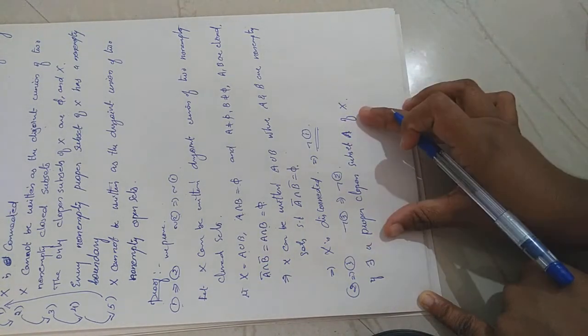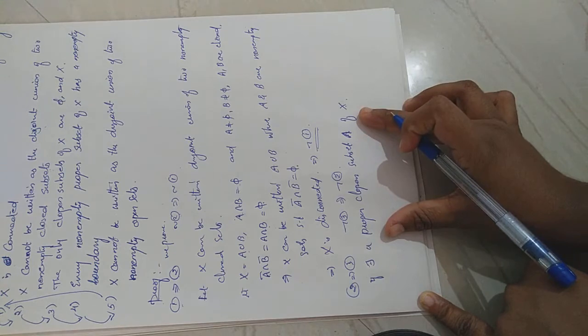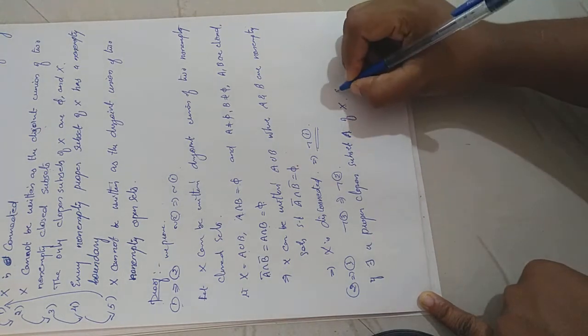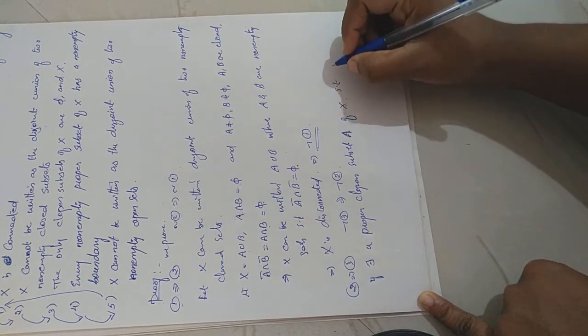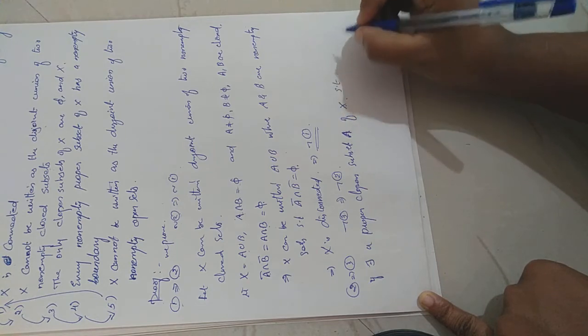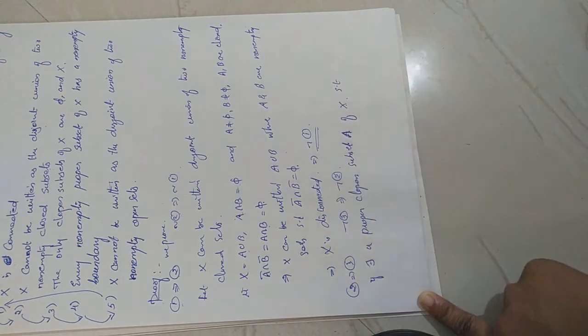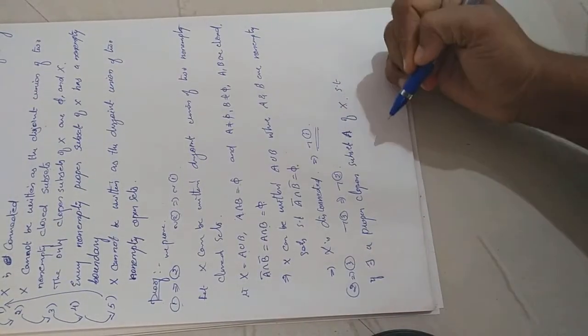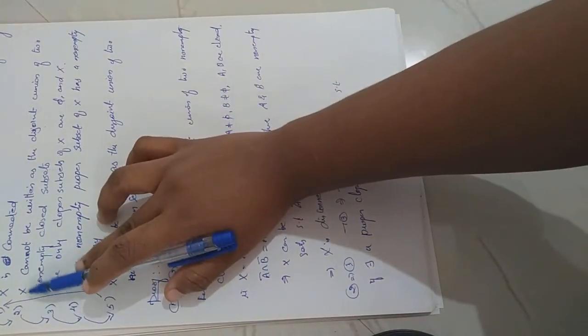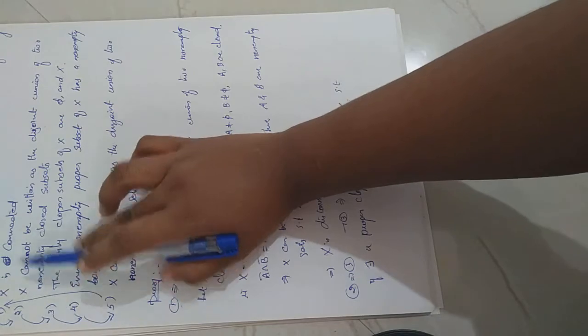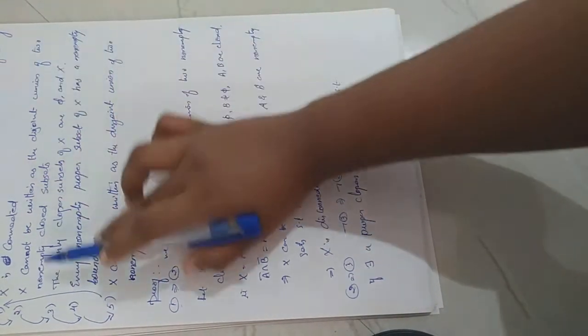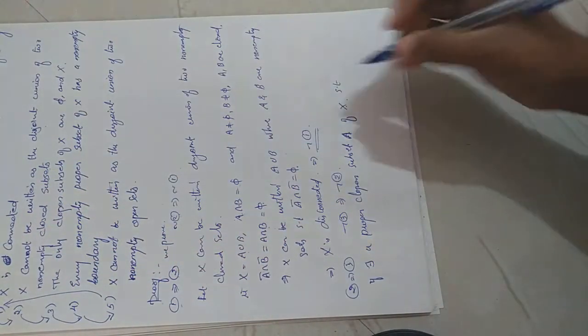Okay, this is the negation statement. Now we want to prove the negation of the second one. That means X can be written as disjoint union of two non-empty closed subsets.